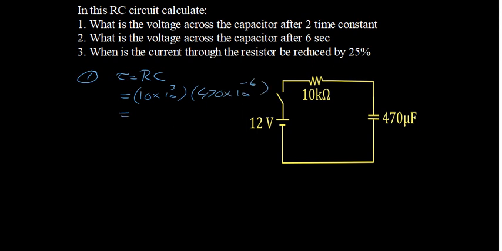If you do the math, that will give us 4.7 seconds. Now the question is asking for the voltage across the capacitor after 2 time constants. You could calculate the second time constant: simply 2 times 4.7, and that will give you 9.4 seconds.